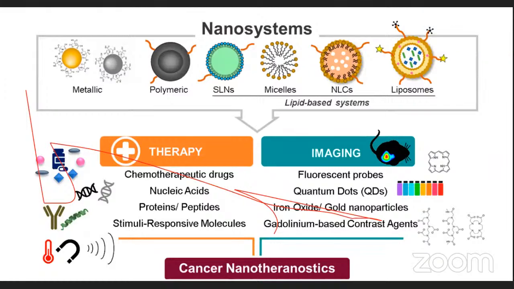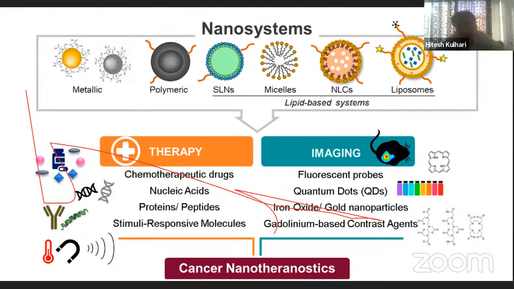So using nanotechnology, we can design a nanomedicine made up of biocompatible material. We can encapsulate the drug molecule into a lipid carrier or protein carrier, and then attach a targeting ligand on its surface.